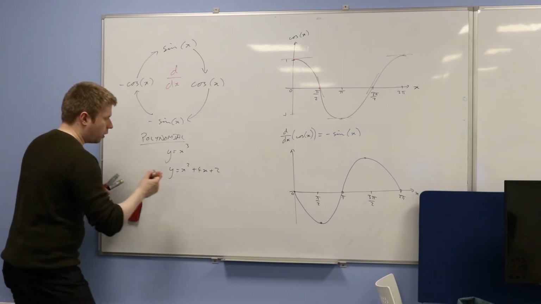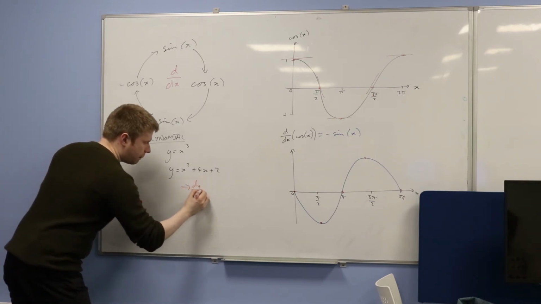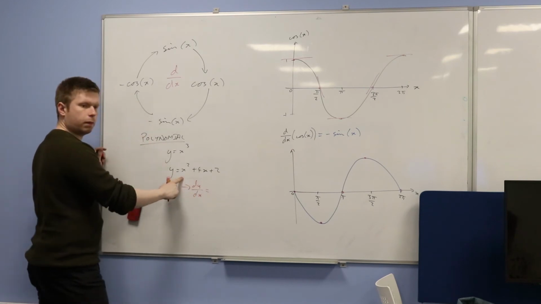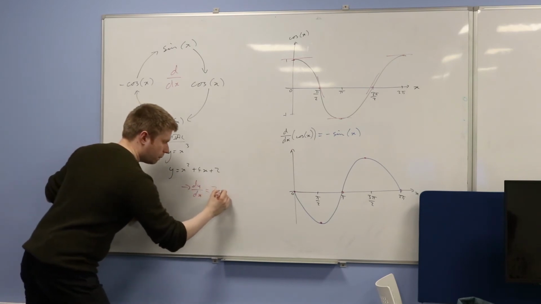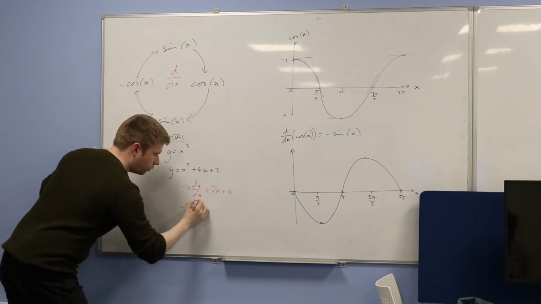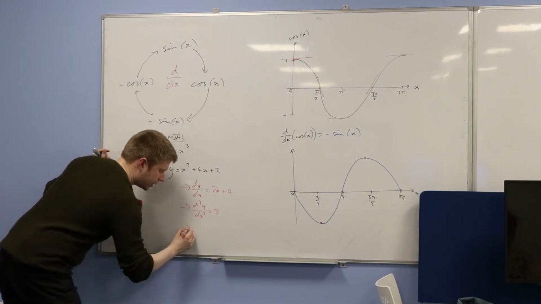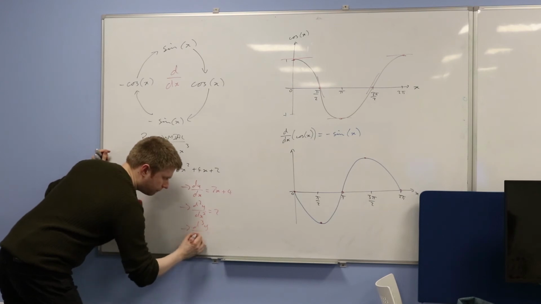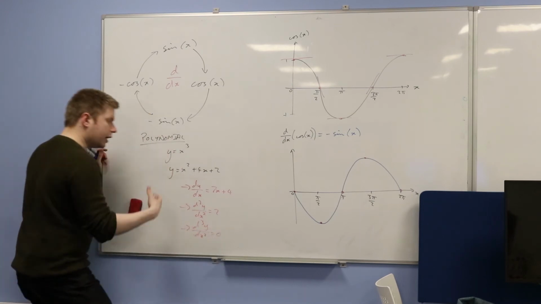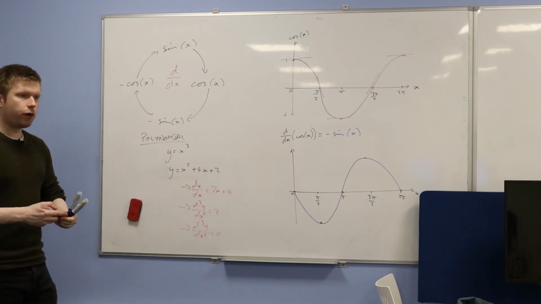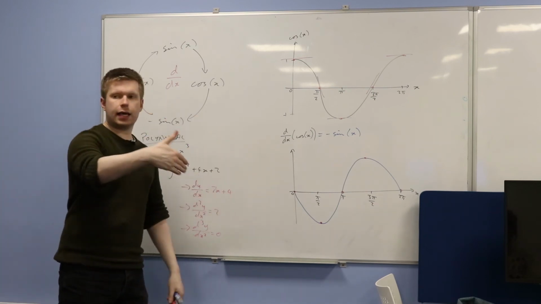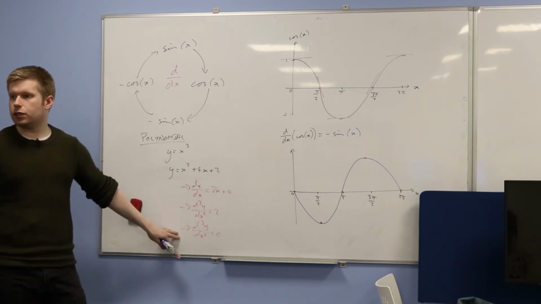Have a look at this one. If you differentiate this, what do you get? Okay, and then if you differentiate again, what do you get? And then if you differentiate again, third time, what do you get? 0. Okay, so eventually with any polynomial function, if you keep differentiating it enough times, it will always go to 0.